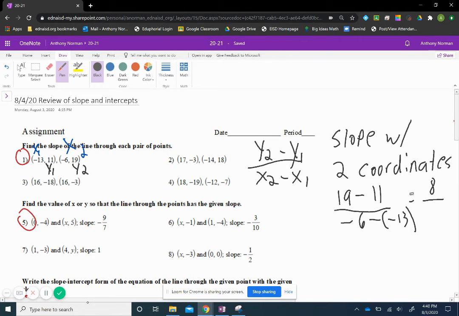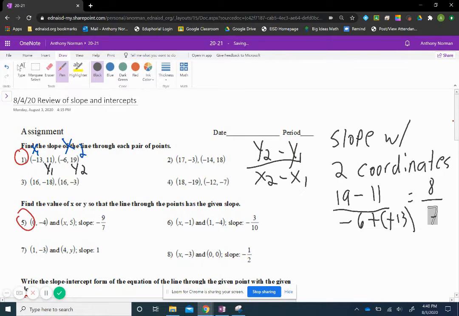When you have 2 negative signs next to each other, we add. So -6 plus 13 gives us 7. So our slope is going to be 8/7.